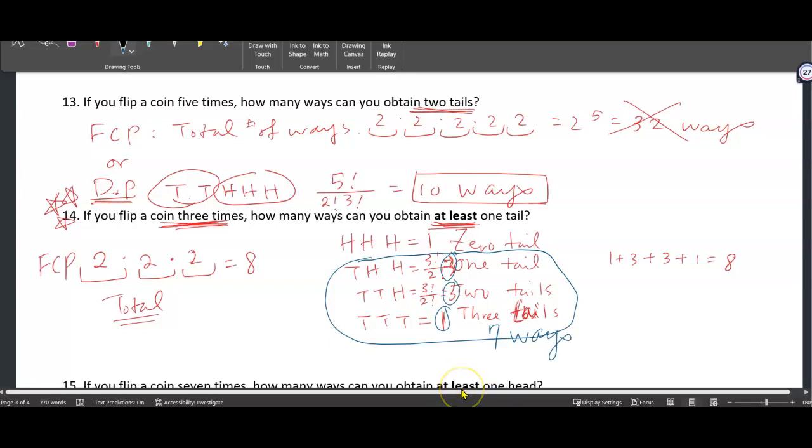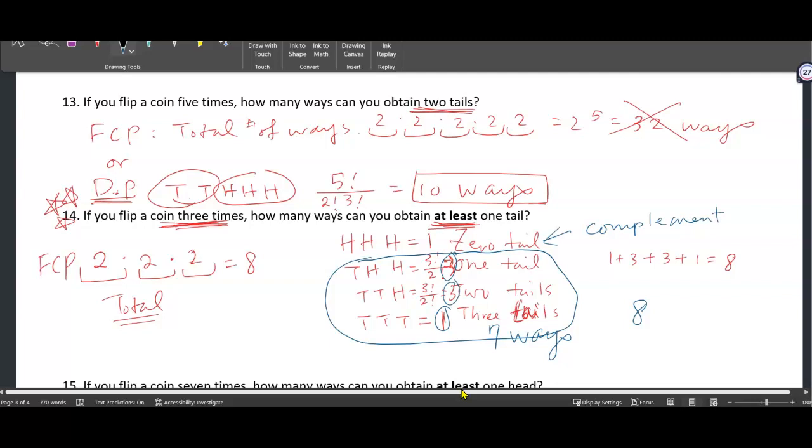Sometimes it's faster to find the total, which is 8, using the fundamental counting principle, and subtract what we call the complement, right? The complement is the one that is not at least 1 tail. Not at least 1 tail is all heads, and that is easy to count.